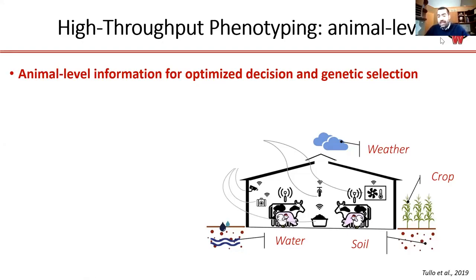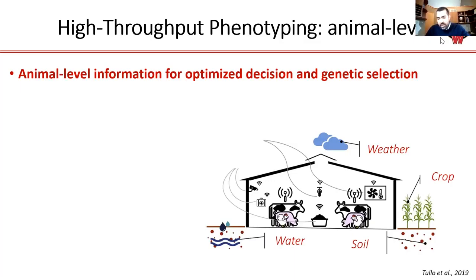The reason is that by having detailed information about the animal, we can make optimized decisions at the farm about what to do with this animal related to health, nutrition, reproduction, and genetics, which is a big component of this precision phenotyping, or the need for large scale phenotyping collection.